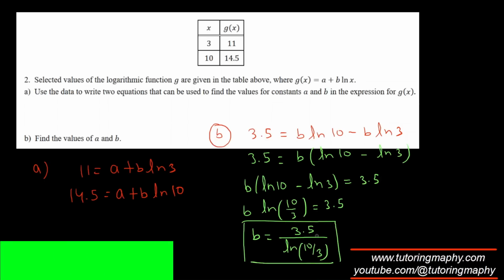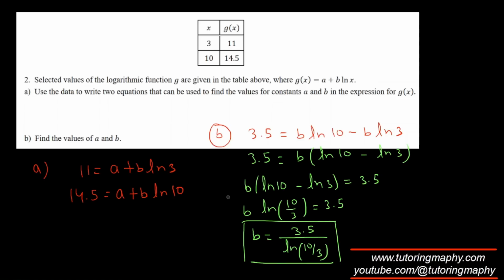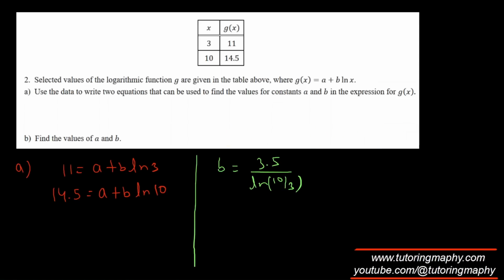And we need to find a as well. So you can plug in b in any equation of your choice. I'm just going to choose equation number 1. So this is going to look like 11 is equal to a plus, in fact, let's plug in b. So b is equal to 3.5 over ln of 10 over 3, times ln 3. I think let's flip the equation.